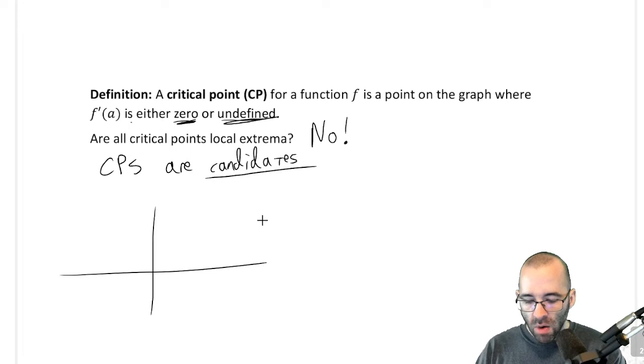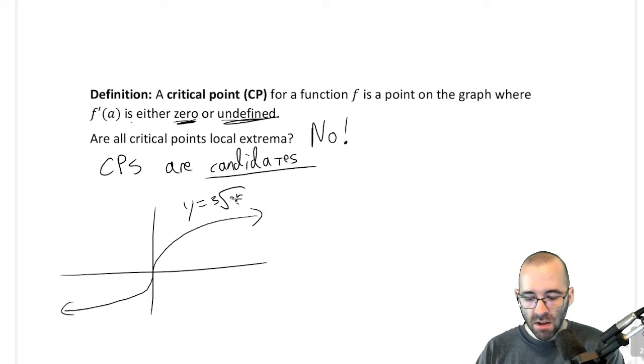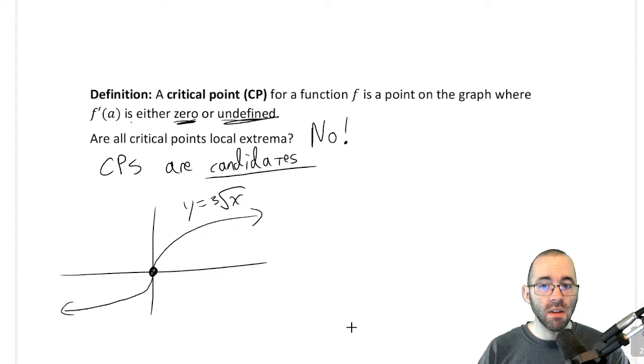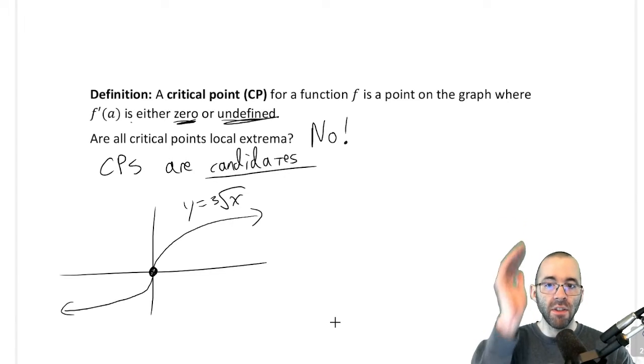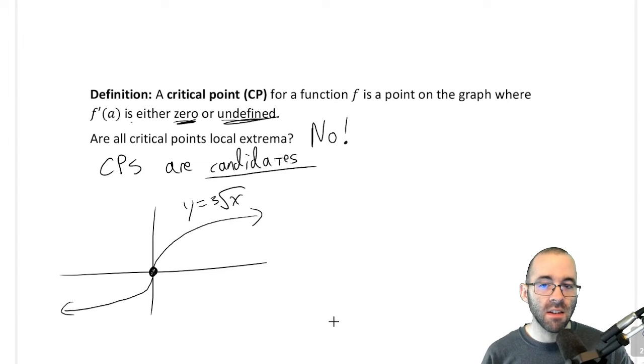But we could have a graph kind of like this. This is the cube root of x. This is a critical point. We have a vertical tangent line. The derivative does not exist. But is this the biggest around? No. There's bigger stuff on the right. Is this the smallest around? No, there's smaller stuff on the left.